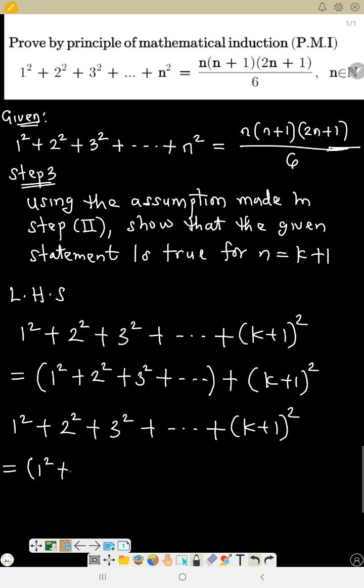That is 1 square plus 2 square plus 3 square, plus dot dot dot. I'll add plus k square because I have plus n square, but now it is in terms of k. So that will be plus k square. So I've completed what I have in the brackets. Then I have plus this one outside, so that will be plus k plus 1 square. Like that.